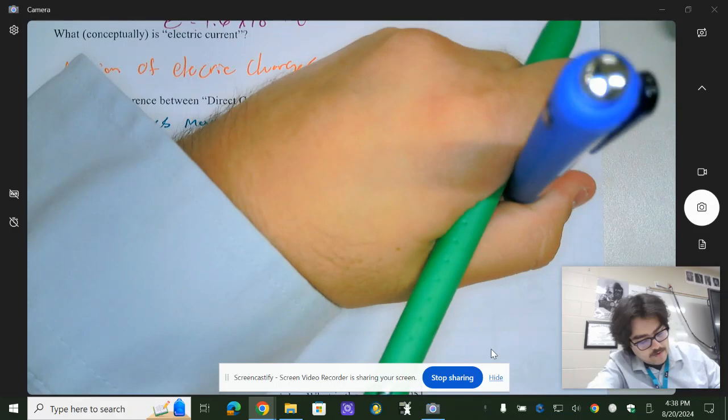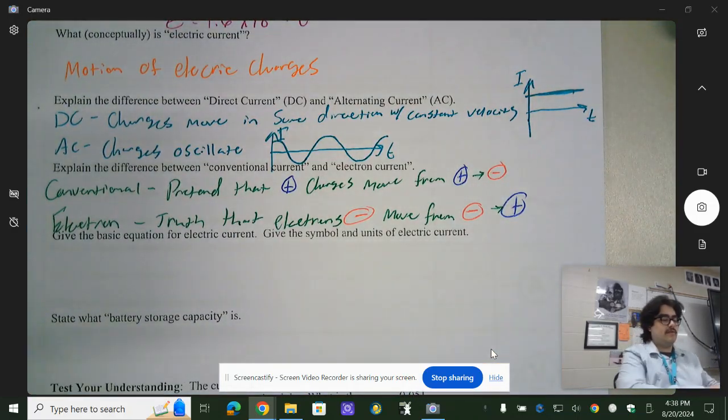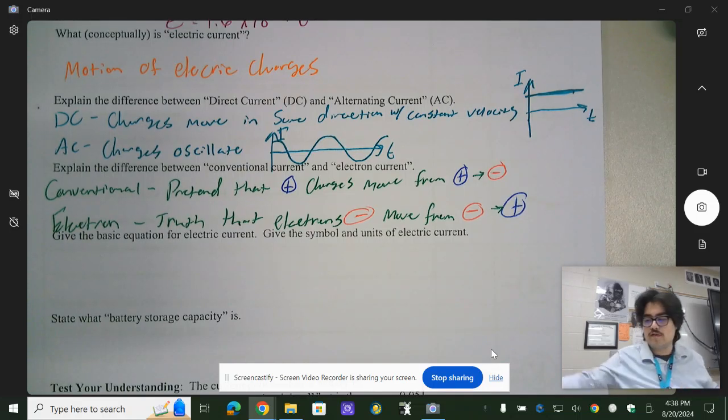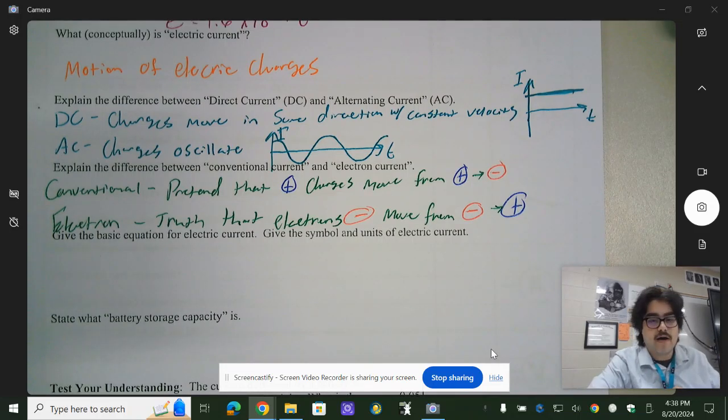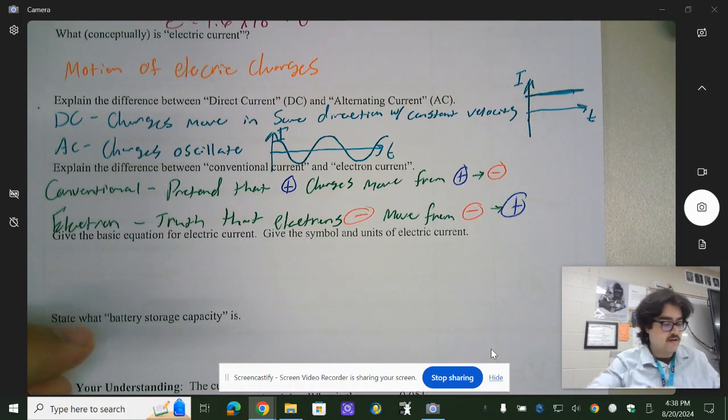So it's actually the other way around. When we look at circuits in this class, we pretty much always go with conventional current. The charges come out of the positive terminal of the battery and flow around all the way to the negative terminal of the battery.